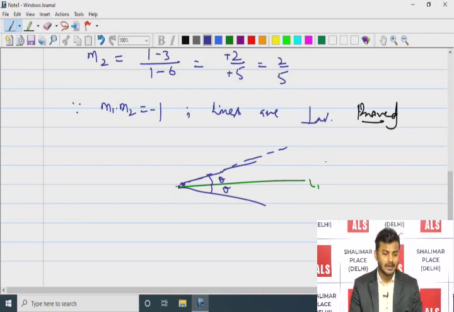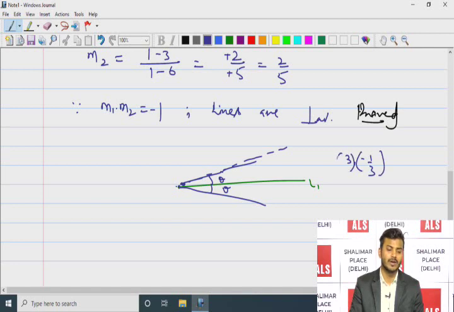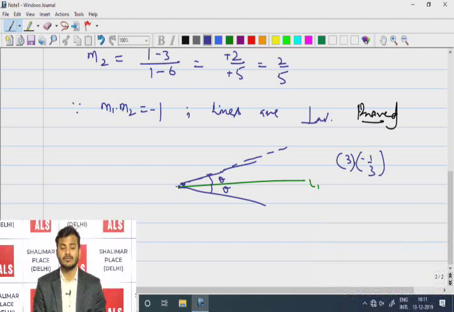Well, in the last class we were getting somewhat 3 and minus 1 by 3. Just for your memory, it was 3 and minus 1 by 3. At the end we were getting these two lines are also perpendicular, because the angle given was pi by 4, that means 45 degrees.